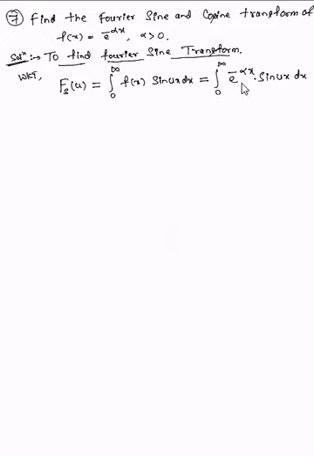How to integrate? See, when we have an integration of e power into sine, to integrate this type of functions, e power ax sine bx, there is a standard formula because we can't apply Bernoulli's rule for this.